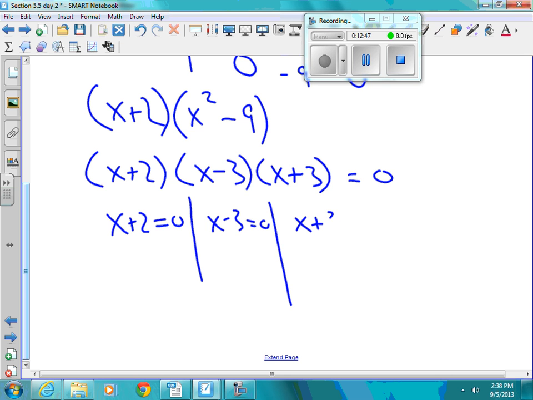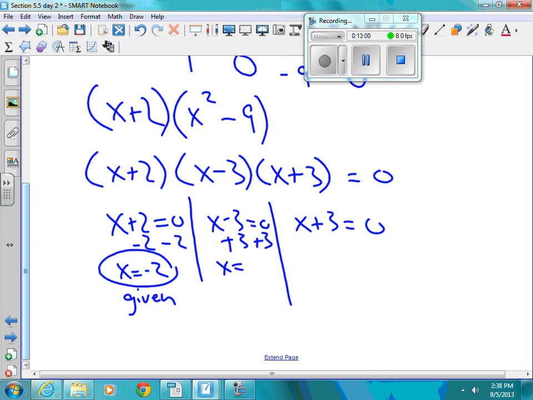And x plus 3 equals 0. We subtract 2. We already knew this one, this one was given. This is a given zero, so it is not new, but it is one of our zeros. This given zero helped us find x equals positive 3 and x equals negative 3 also as zeros.